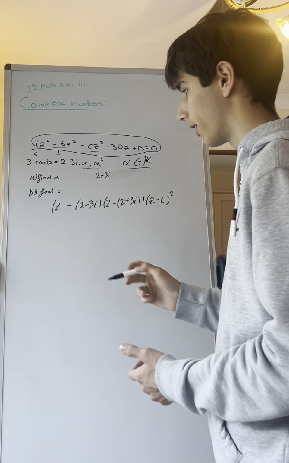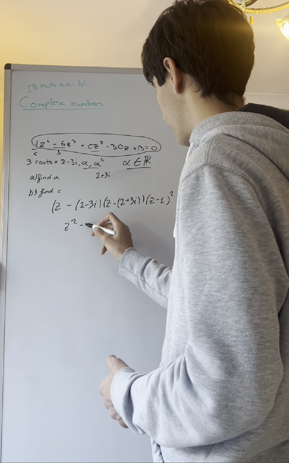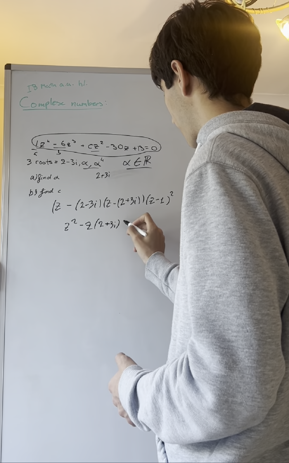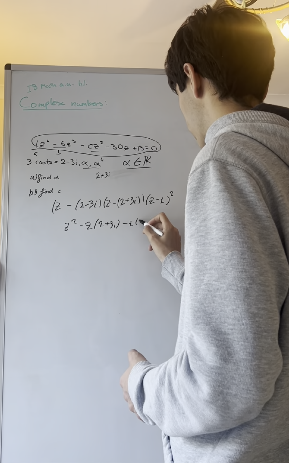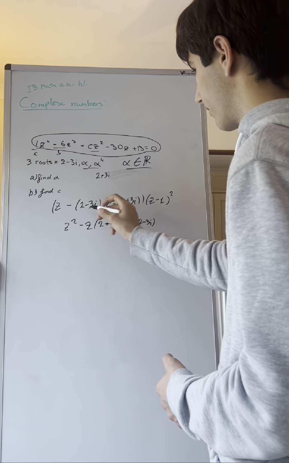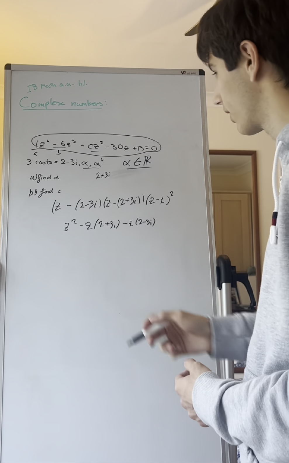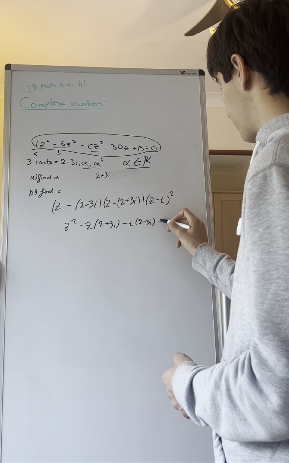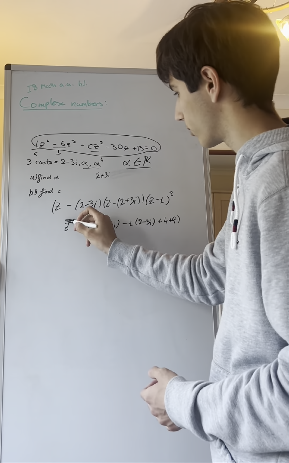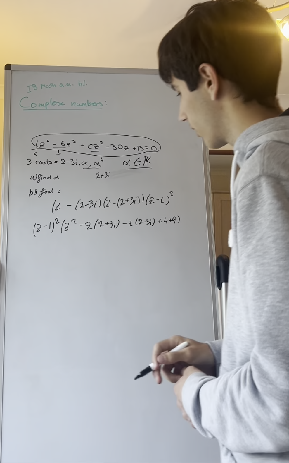And now we can expand, and expanding this we get z squared minus z times 2 plus 3i minus z times 2 minus 3i, and then, it's a difference of squares, so it's going to be plus 4 plus 9, and all of this multiplied by z minus 1 squared.